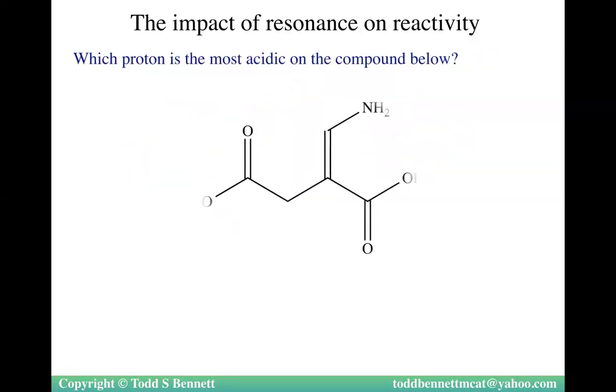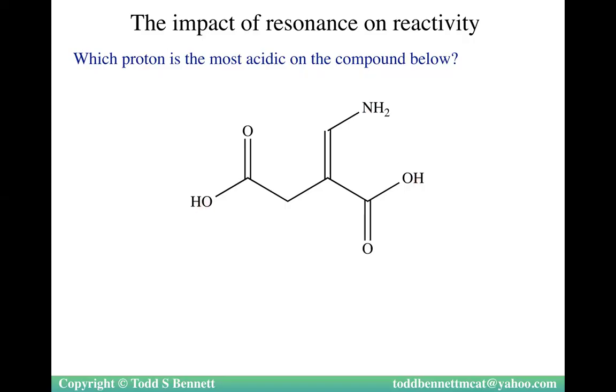Which one is the most acidic proton? Again, my first thought is to consider what the impact of functional groups is. H on an O, H on an O, and H on an N. So I'm going to say these two are my best guesses, more so than N, but they're equal as far as I can tell.